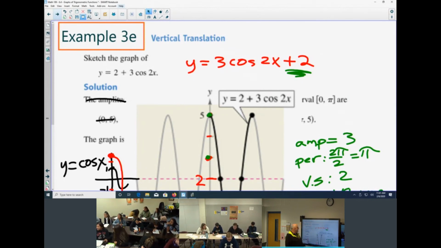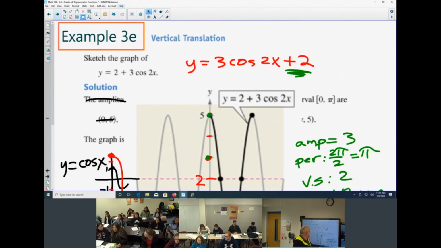Okay? Now, sometimes I also, again, ask for the maximum and the minimum. Now, this is a little tricky with the vertical shift. Not too tricky, really. But like here, the amplitude is 3. So normally, the highest point it would reach would be 3. But then you're shifting up 2 more. So the highest point would be 5.